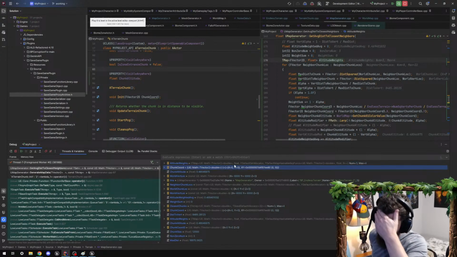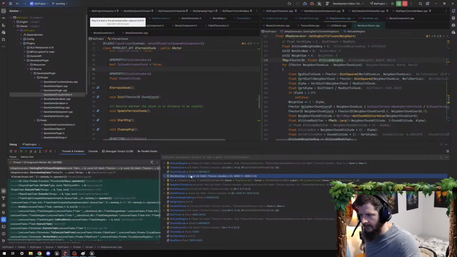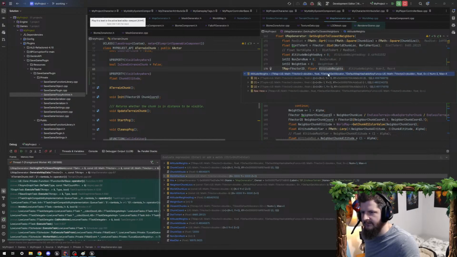So I'm on chunk 00, whose altitude is 0.48. I'm using the vert on the top left corner, and the weights that I got from that are from the chunk directly above it, which is 0.46.